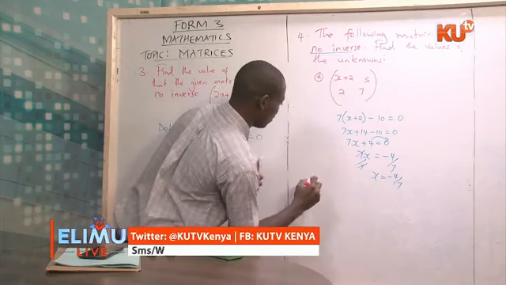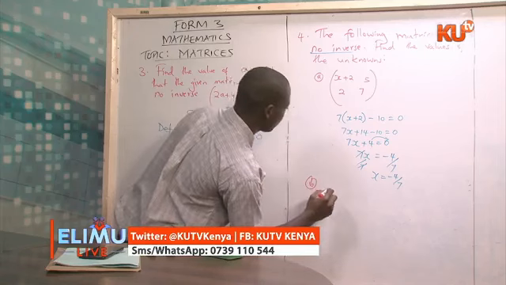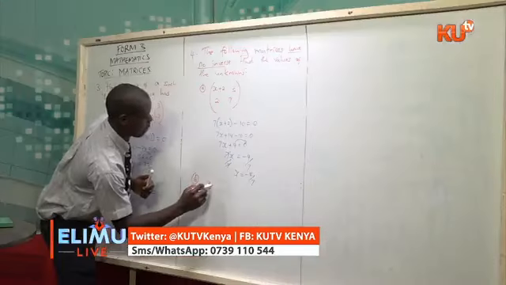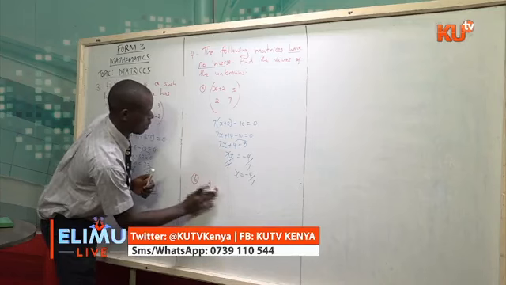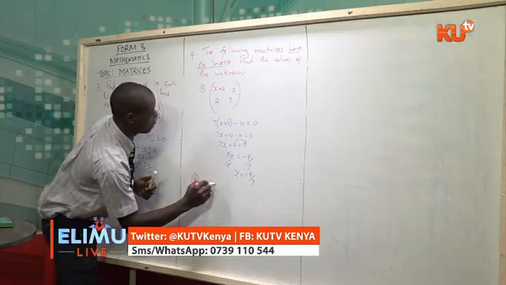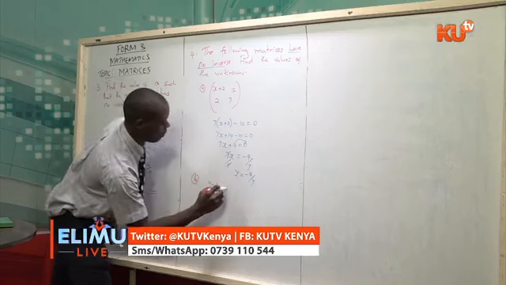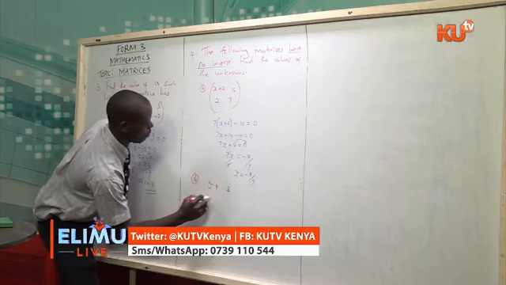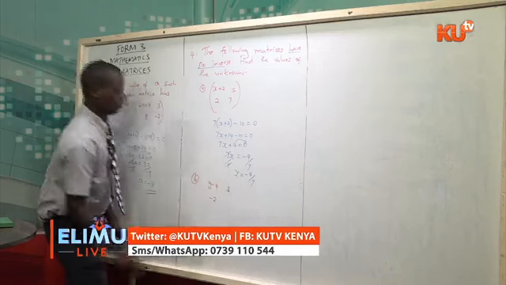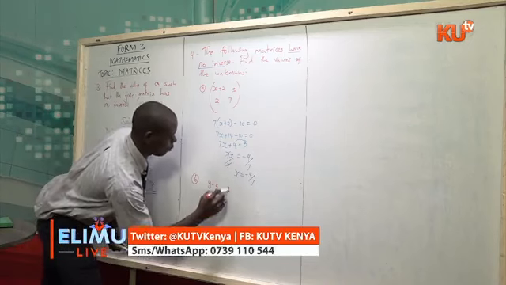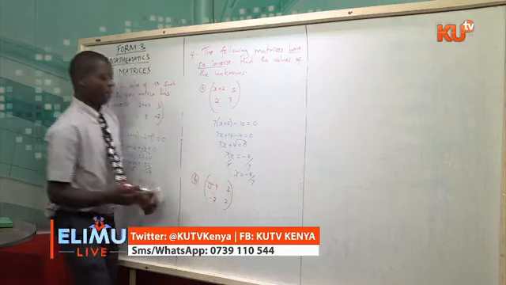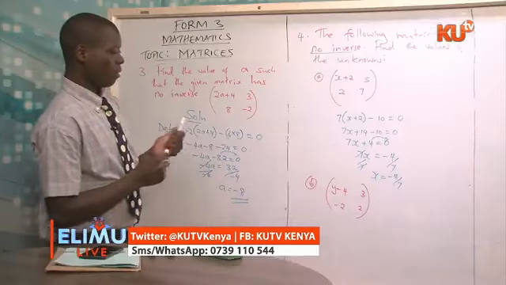Let's look at the second one. Now we have the case for y plus 2, y minus 4, and then we have 3 with negative 2, and then we have 2 at this point. So we get the value for y.